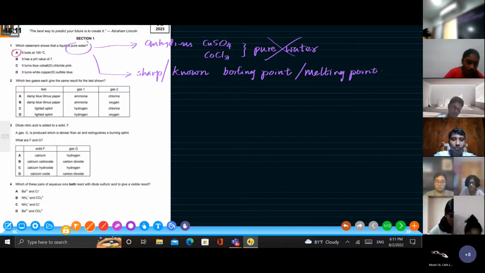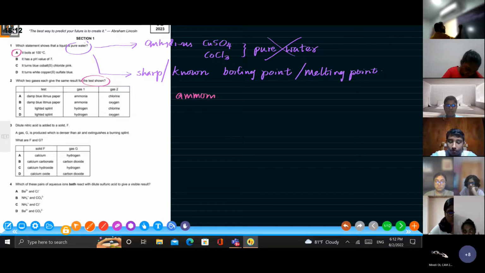Which two gases give the same result in the test shown? Definitely not ammonia and chlorine, because ammonia turns red litmus blue.